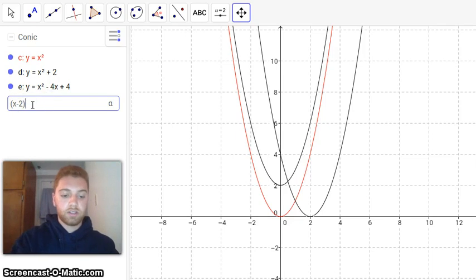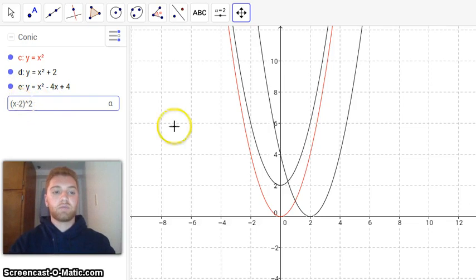The only difference is this is actually all foiled out. This function and this function are the same exact thing. This one is just expanded, so you don't have the parentheses. But as you see, from this function, it's x minus 2. You would think it would go over to the left 2. When a number is inside the parentheses, it's the opposite. So say it's a minus 2, you go over to the right 2.